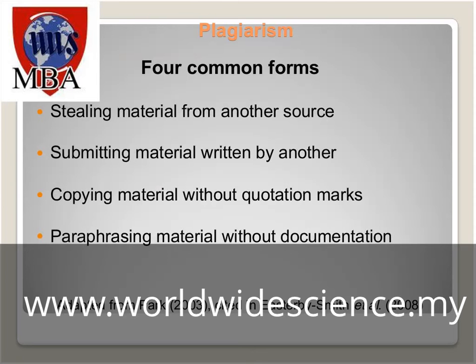Common forms of plagiarism include stealing material from another source. This slide is about plagiarism, okay? Because as I told you, in the academic area, plagiarism is a very important matter. Students who do research should always check their thesis with plagiarism software and see how much plagiarism is in the research or thesis.